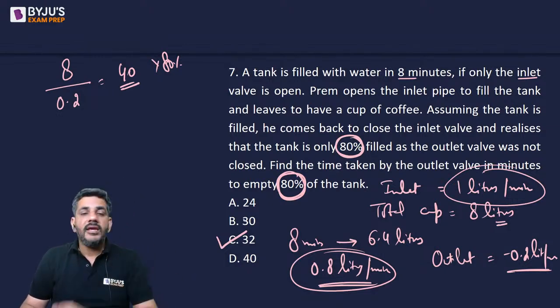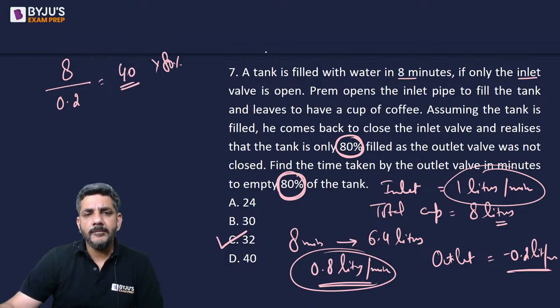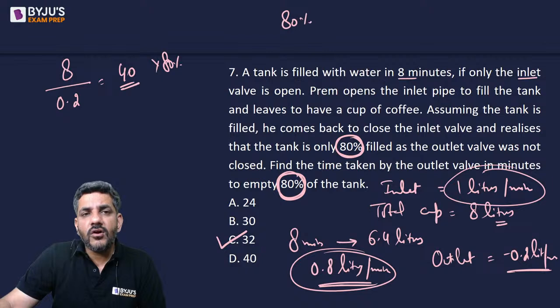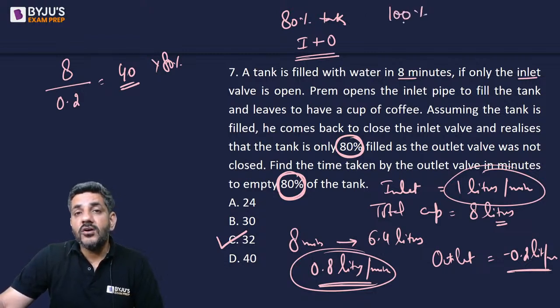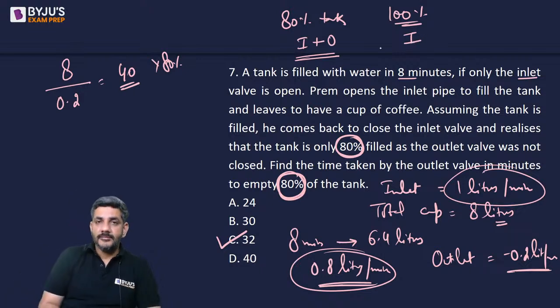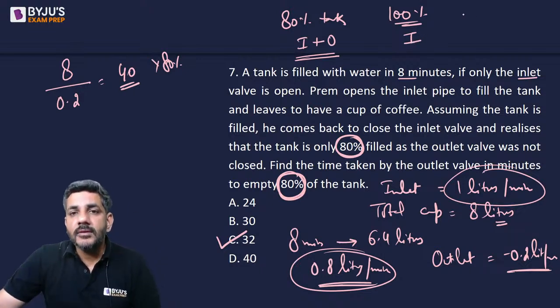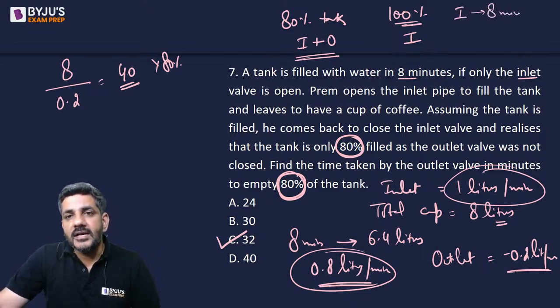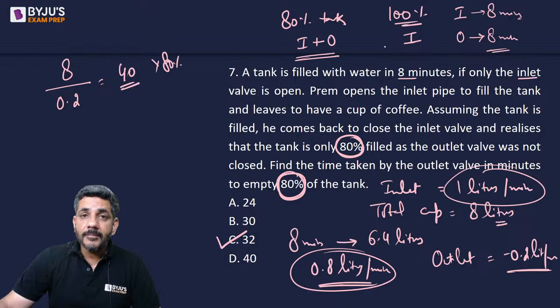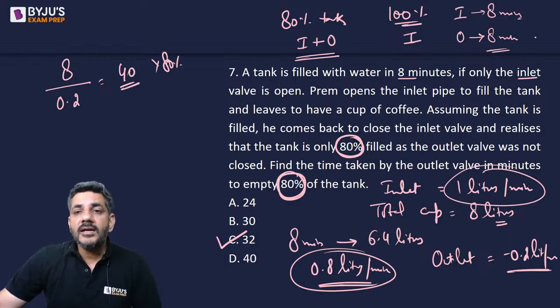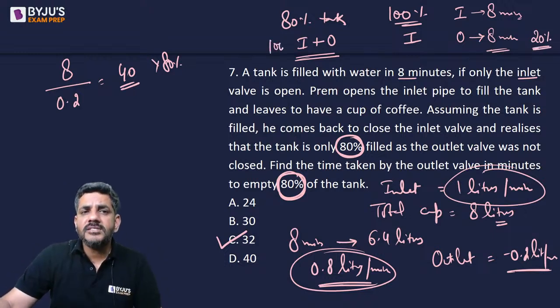हालांकि इस क्वेश्चन का भी एक आसान तरीका मैं आपको देता हूं, वो ये, यार ये कह रहा है 80% of the tank got filled by inlet plus the outlet, whereas in the same time 100% of the tank could have been filled by the inlet, right? तो जो काम basically what inlet does in 8 minutes, right, आउटलेट भी जब साथ मिल गया तो उस आउटलेट ने भी 8 ही मिनट्स काम किया. तो 8 मिनट्स में वो आउटलेट कितना निकाल पाया? It could only take out 20% of the tank, because इनलेट ने तो यहां 100% फिल कर दिया होगा.